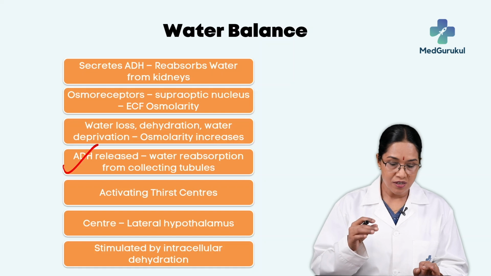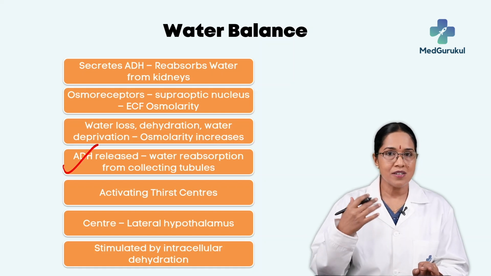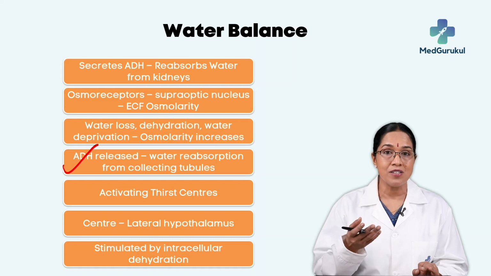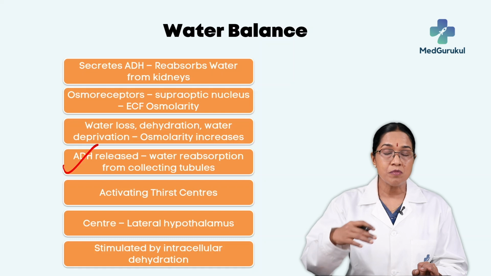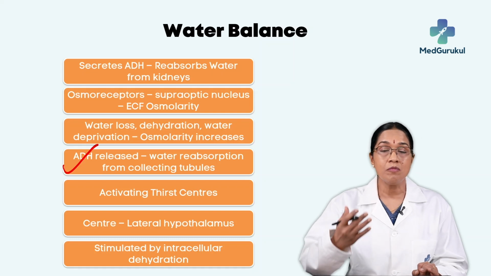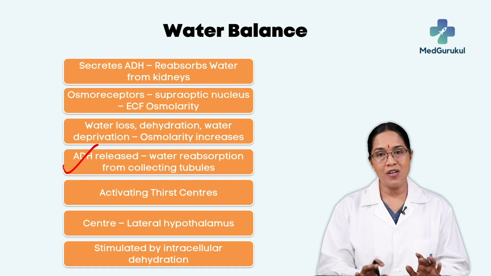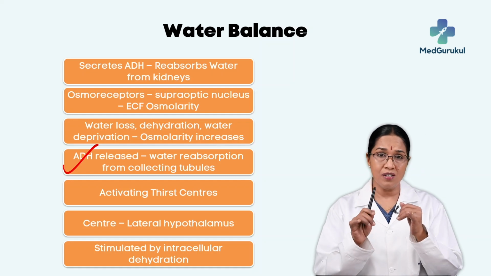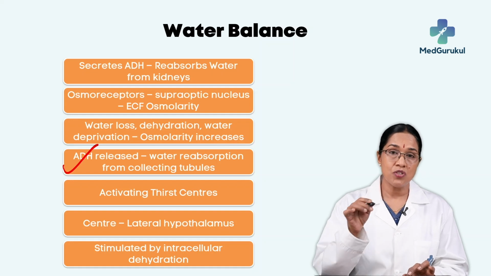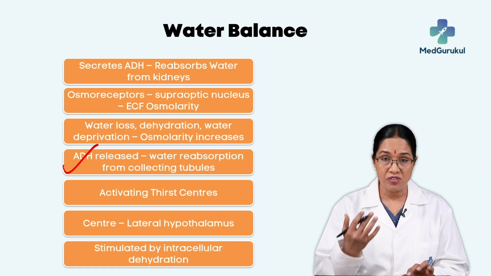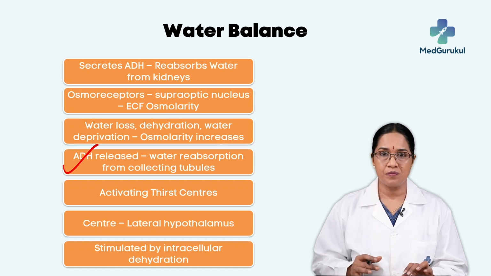Now, the thirst center is the lateral hypothalamus. So, the moment the thirst center, the lateral hypothalamus, gets stimulated, the person starts drinking more and more water. All these are ways by which the body is able to overcome dehydration. The lateral hypothalamus, which is the center of thirst, gets stimulated when there is intracellular dehydration.